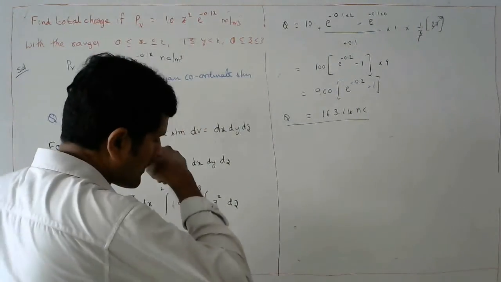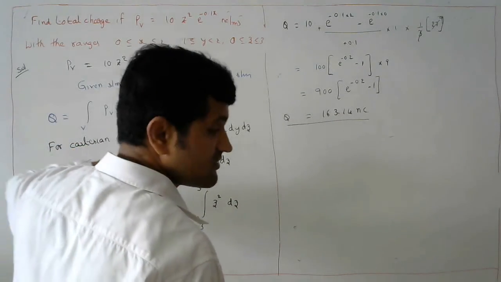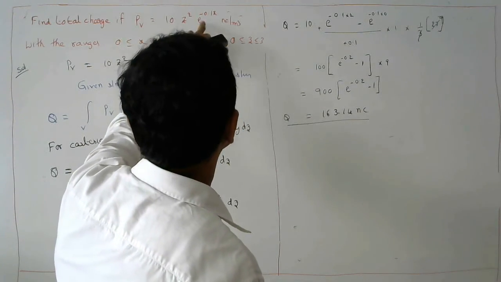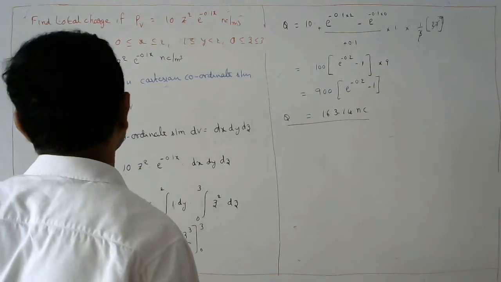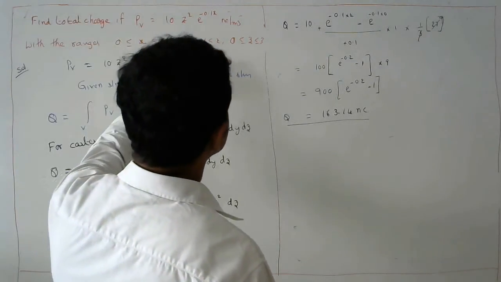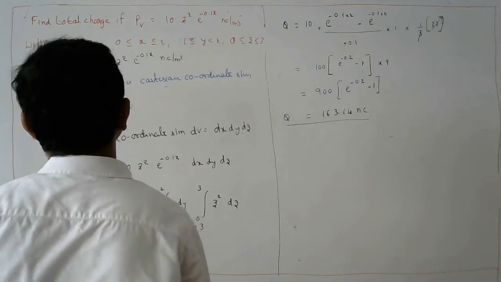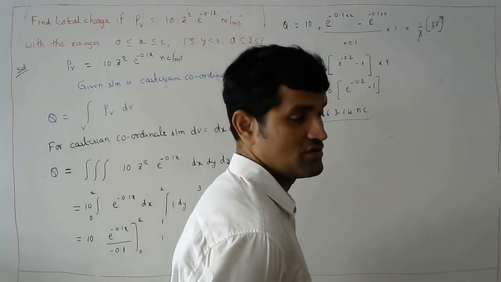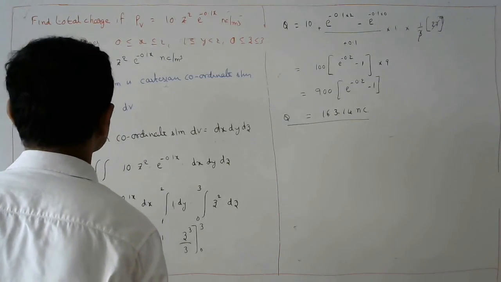The examiner asks to find the total charge if the given volume charge density is 10 z squared e to the power of minus 0.1x nanocoulombs per meter cubed, with x varying from 0 to 2, y from 1 to 2, and z from 0 to 3.